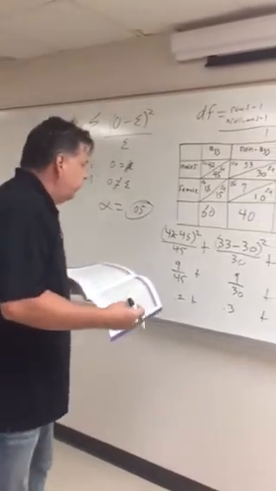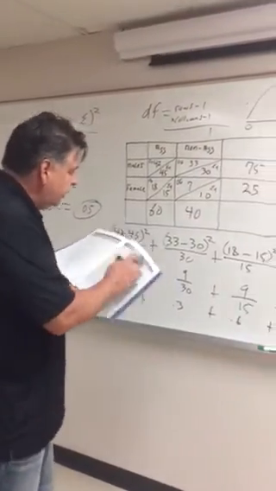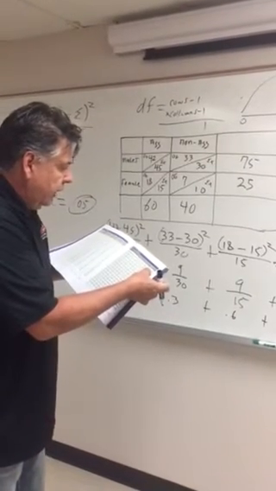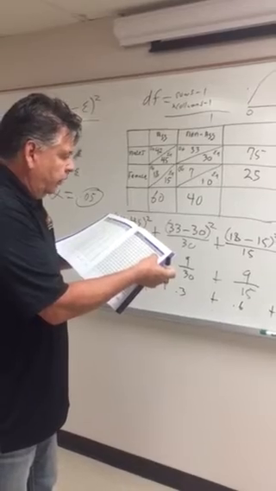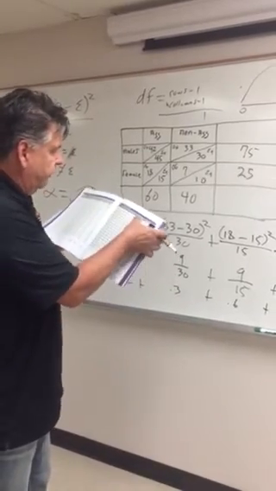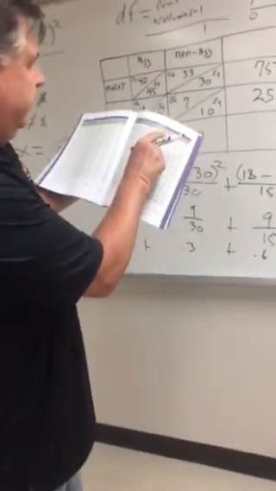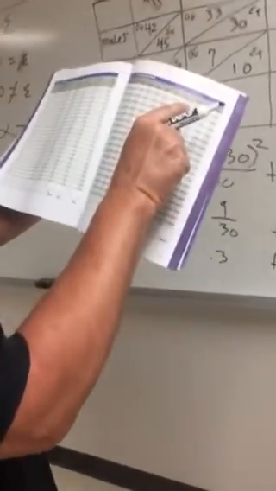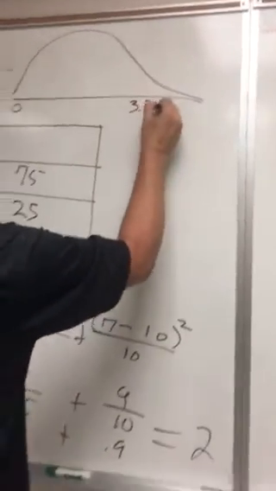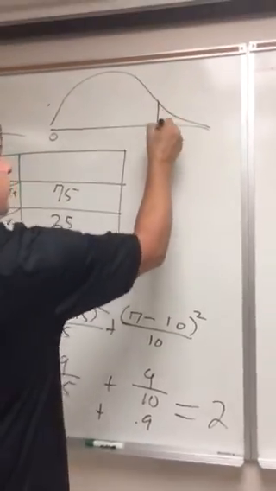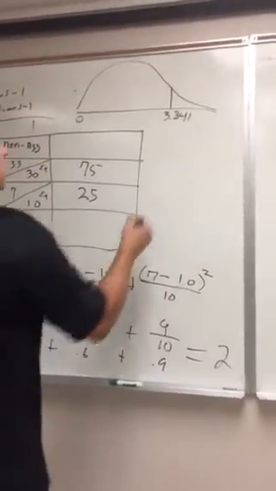So 1 degree of freedom at an alpha level of 0.05 gives a critical region of 3.841.